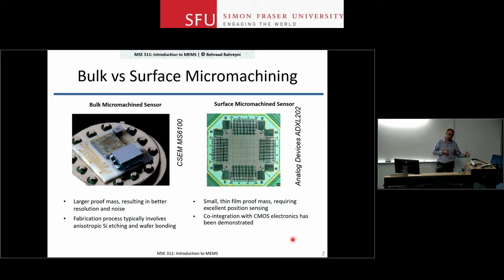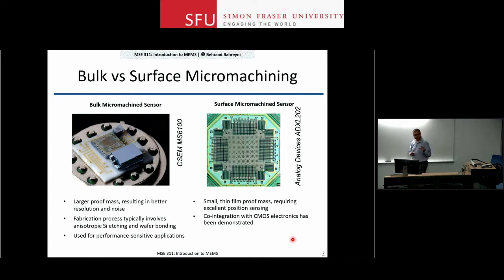If you're doing bulk micromachining and you're doing all sorts of deep etches into the substrate, it's not easy to integrate any electronics when you have so much variation in topography on your wafer surface. With surface micromachine devices, that's a bit easier, so you can actually put some electronics next to your device.